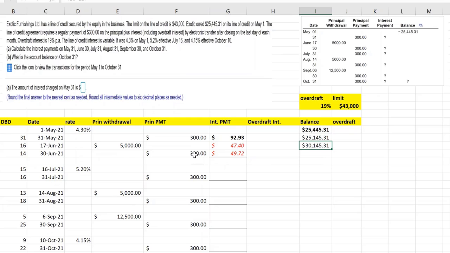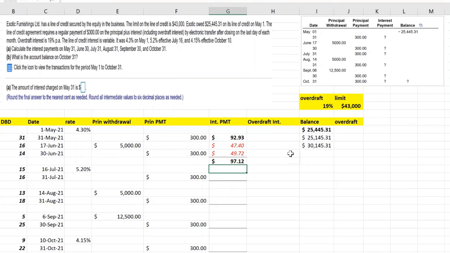So I'm paying at the end of this month the $300 at the end of the day plus the total of these two, right? And I know that on June 30th, at the end of the day after closing, you pay the $300, you pay the $97.12, and because you've paid the $300, you must reduce your balance by $300 because you pay the principal.